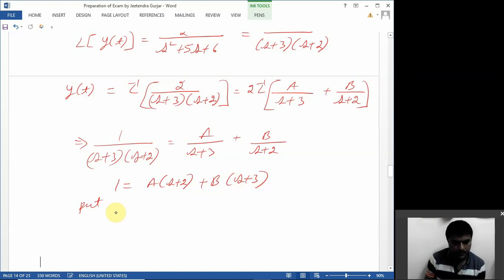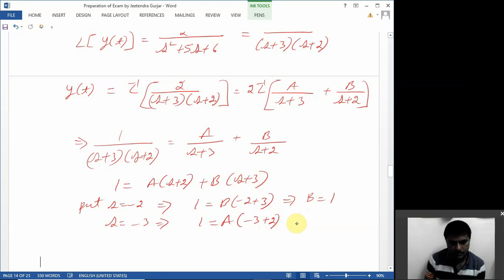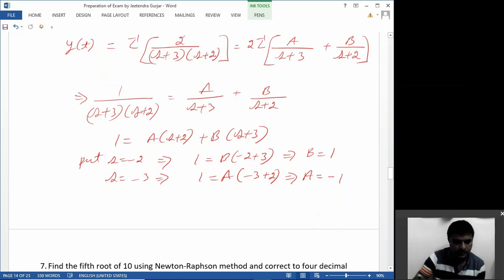Put s = -2, that implies 1 = B(-2 + 3), that implies B = 1, because -2 + 2 will become 0, A is 0. Okay, immediately next s = -3, that implies 1 = A(-3 + 2), here B's term -3 + 3 is going to become 0, so that implies A = -1.